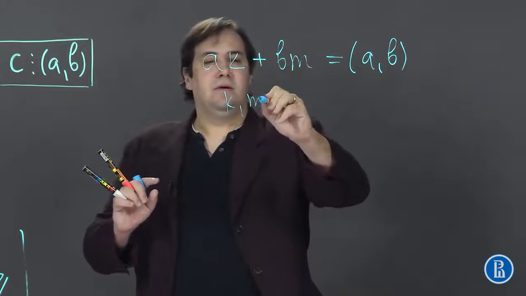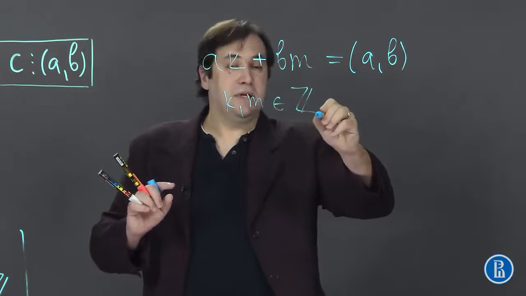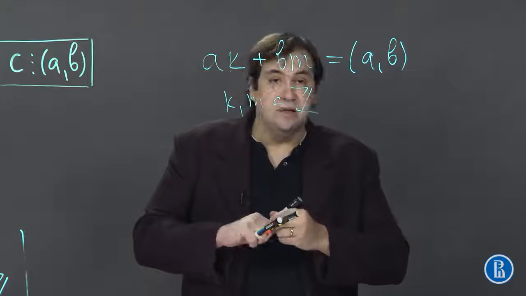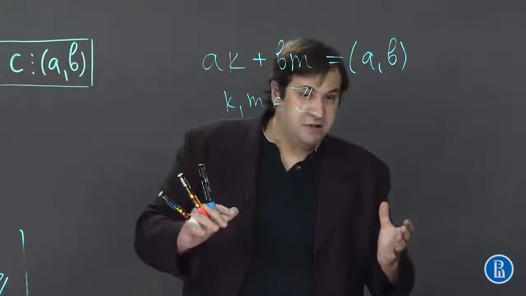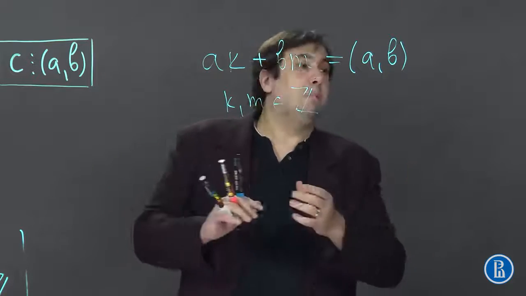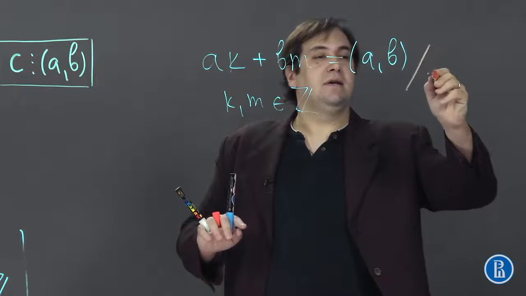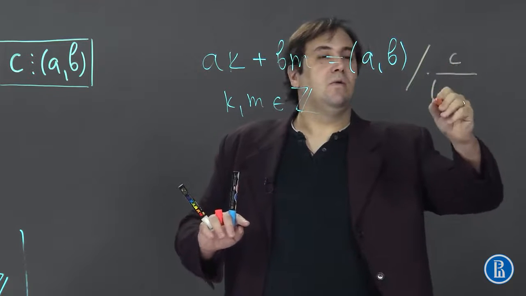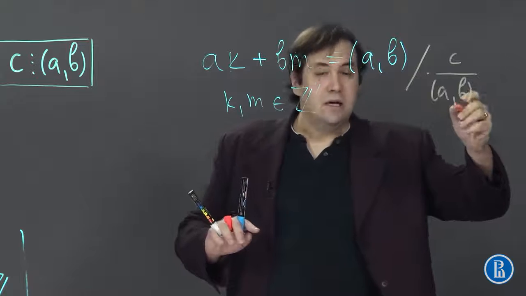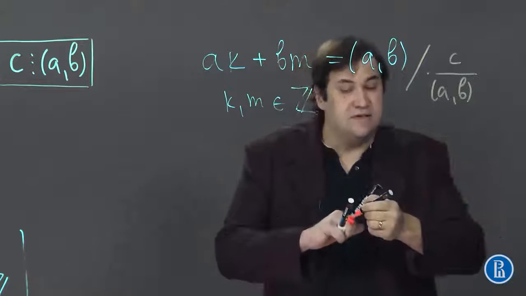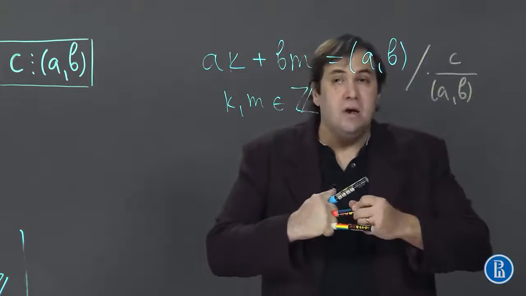K and m are some integers. This is the linear representation of the greatest common divisor. Then just multiply this equality by c over the GCD of a and b, which is an integer since c is divisible by the greatest common divisor of a and b.